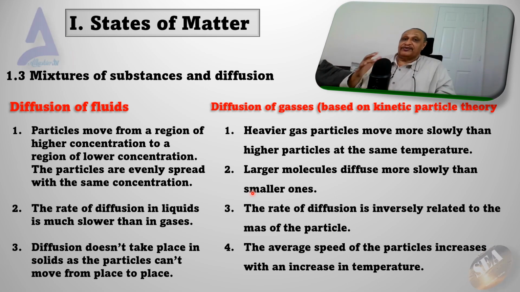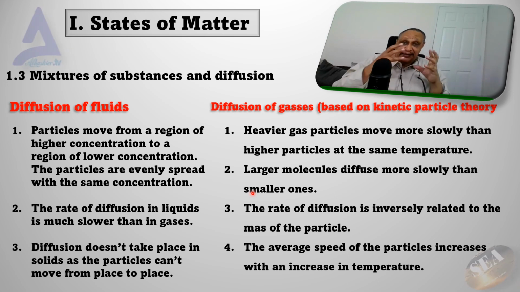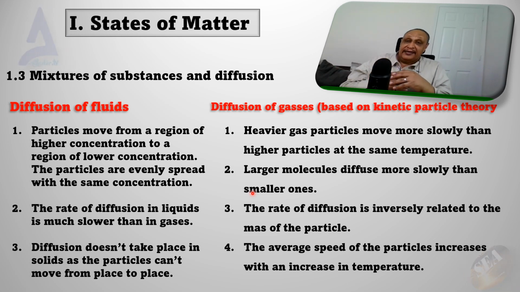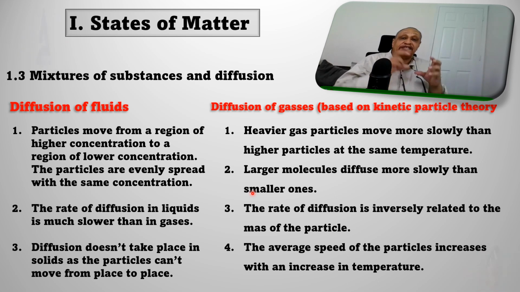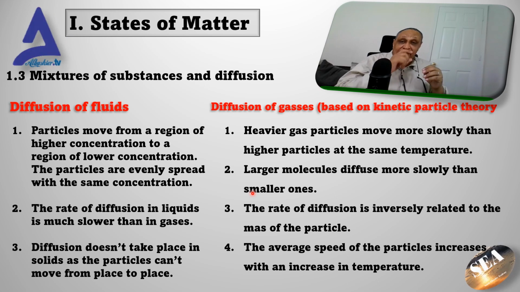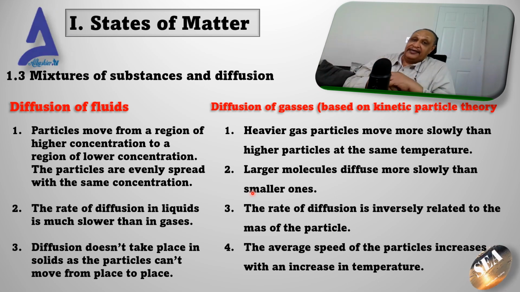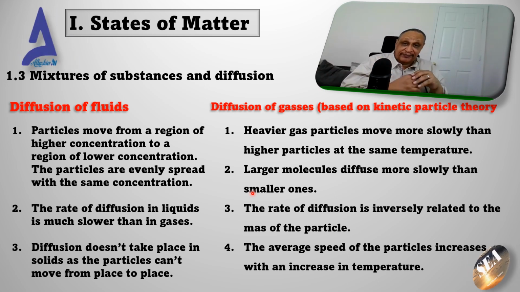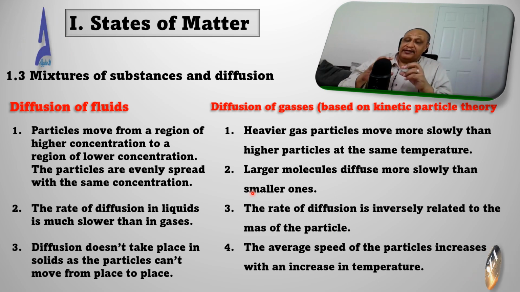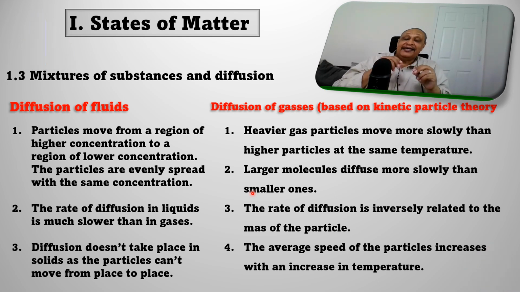So be careful. The weight or the heaviness of the gas particle affects the diffusion rate of the particles, and also the size of the molecule will affect the rate of diffusion. And both of them are affected inversely.